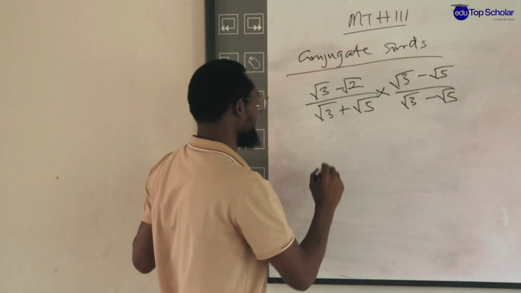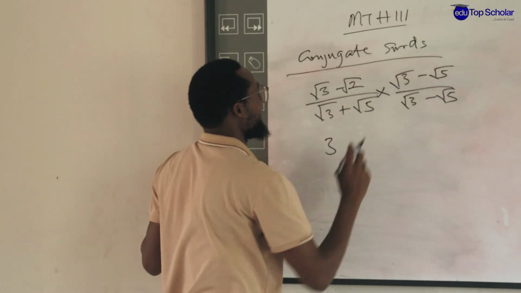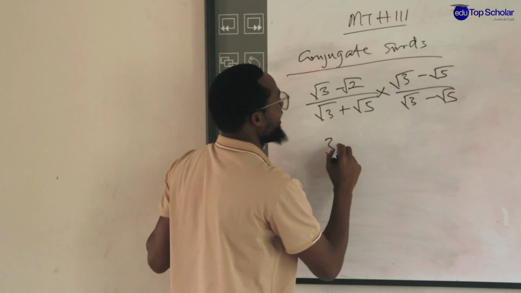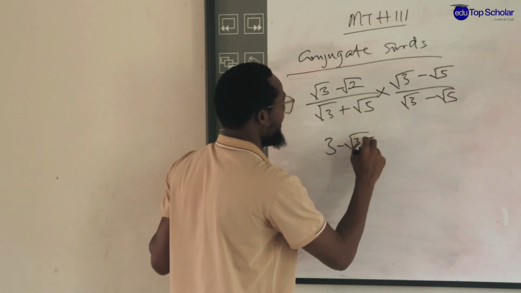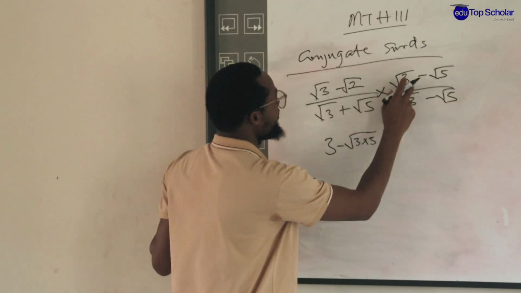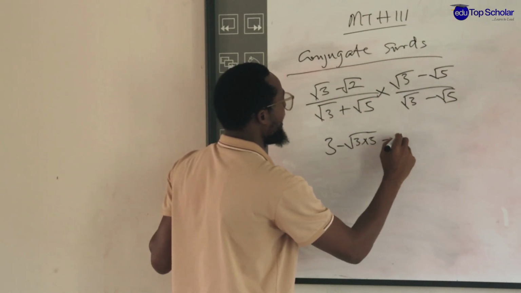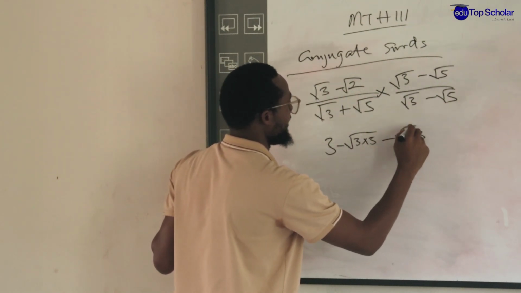Root 3 by root 3, that's 3. Root 3 by minus root 5 is minus root 3 by 5, that is minus root 15. Then minus root 2 by root 3 will be minus root 6.